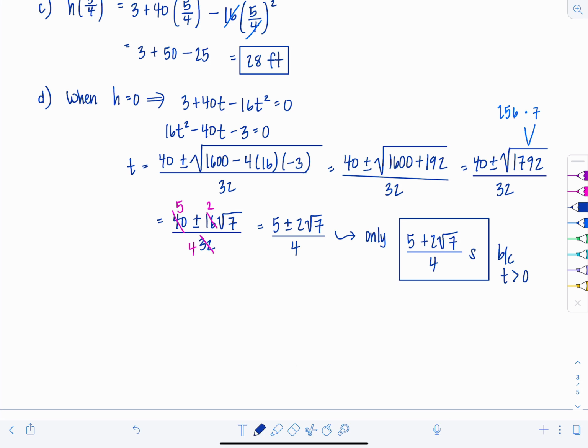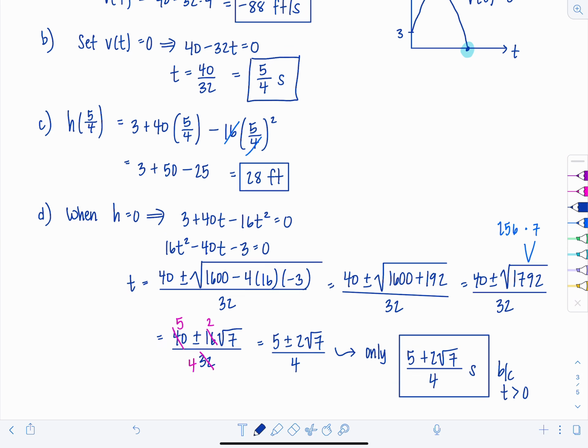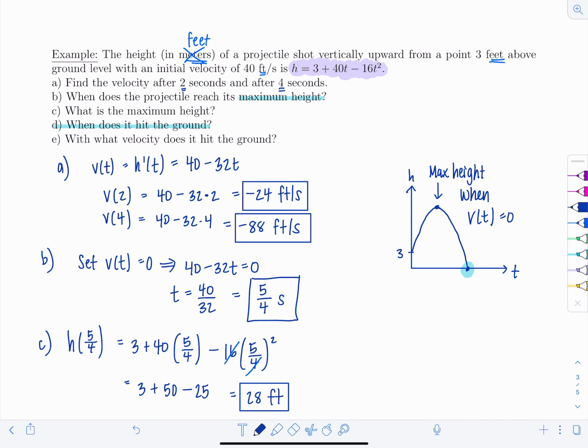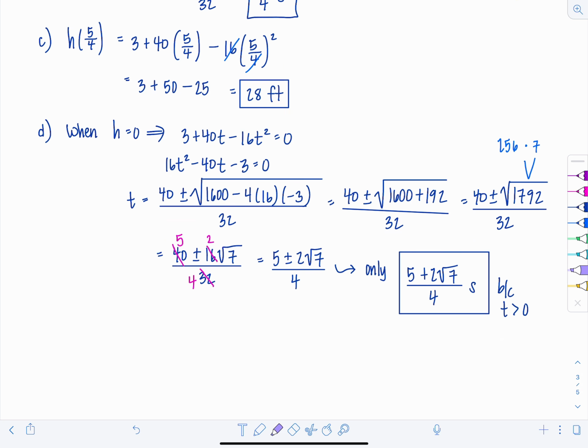Okay, cool. I think they want one more thing from us. With what velocity does it hit the ground? So in this part D, we found when it hit the ground. I figured out the time value. Now they want to know what's the velocity. So I'm just going to plug whatever I got for t into the velocity function here. 40 minus 32t.